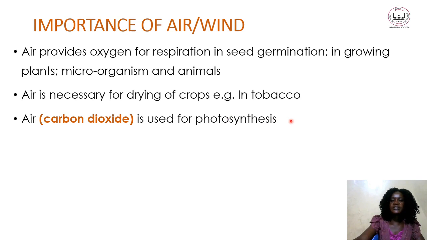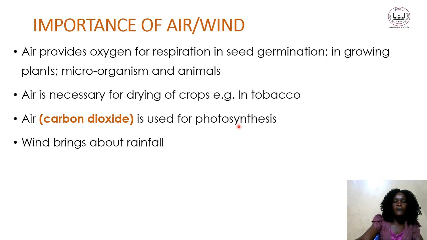I also mentioned at some point water as another raw material which is used in the photosynthesis process. So carbon dioxide is used for photosynthesis. In order for the plants to make their own food, they'll need this air, so-called carbon dioxide.